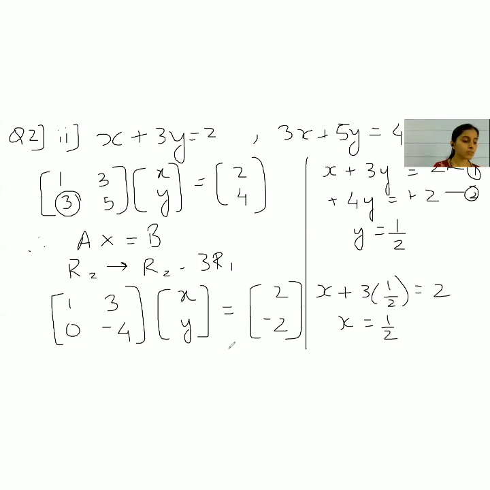So x and y both are half. So your solution set will be x comma y is equal to half comma half. Okay. This is your question 2. Let's go to question 3.